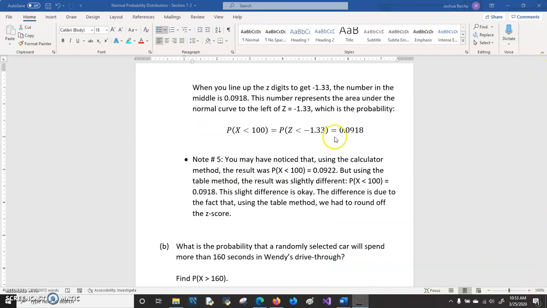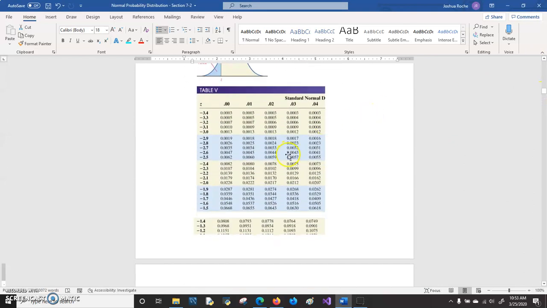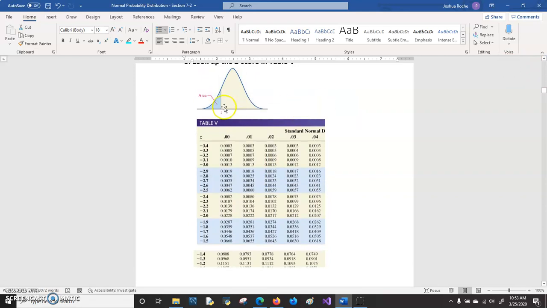And in the table, we'll look for the z-score. All of these values in the middle represent the area under the curve to the left. And there's a picture to represent that.